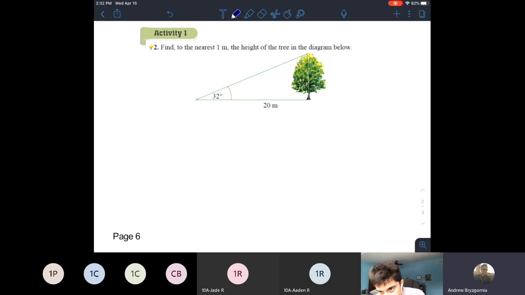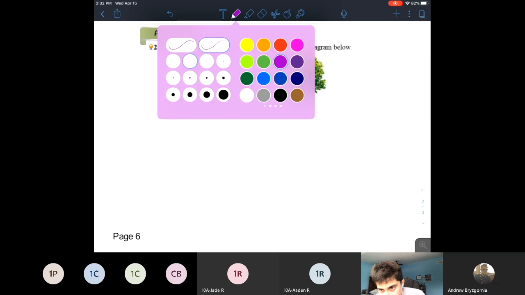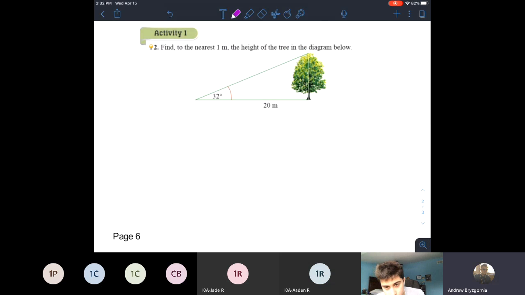All right, so hopefully you were able to get this one. So 20, there's no right angle there, 20 will be our adjacent side. The height is the opposite. We don't need the hypotenuse here.